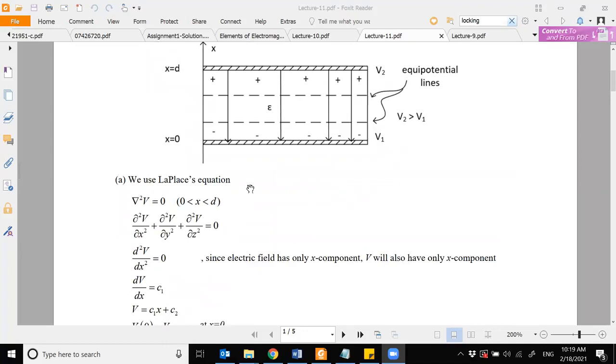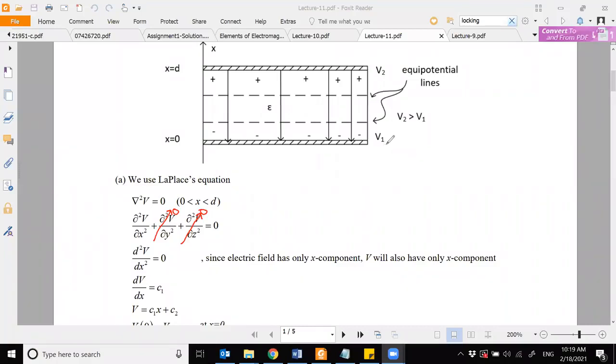Now, from here, if you see, I'm saying that this and this are 0. How I'm saying this and this are 0 is from our experience and analysis. If this plate is kept at higher potential and this is kept at lower potential, how would the electric field be?